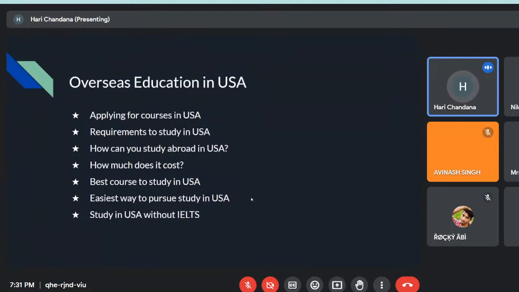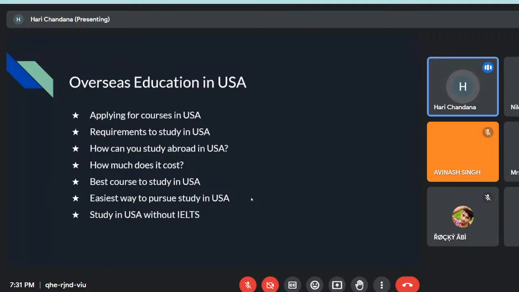And applying for courses in the USA. How to apply for courses in USA? Shortlist your university or institute as per your career interest. Fill out the application form of your chosen university and appear for an English proficiency test, IELTS or TOEFL. If selected, pay an advance after receiving the acceptance letter from the university.